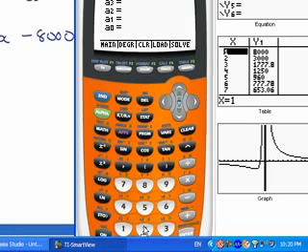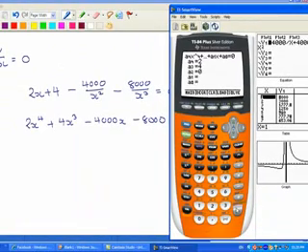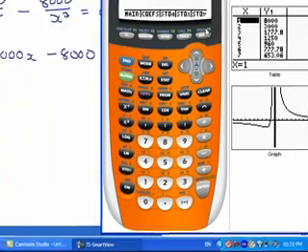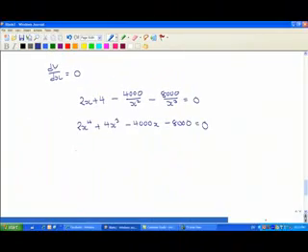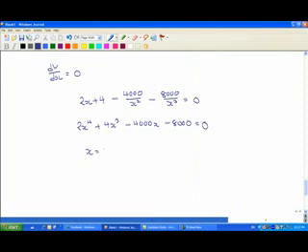However, the function is still the same. So a3 is 4, a2 is 0, a1 is minus 4000, and a0 is minus 8000. So if we do the solving, you can see that we have one real value, which is 12.6.